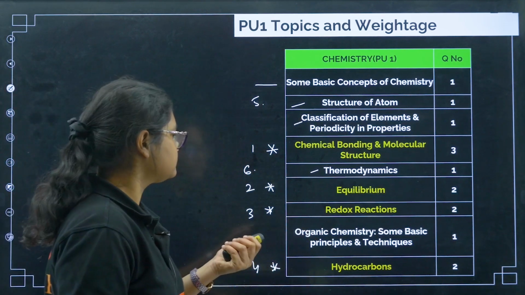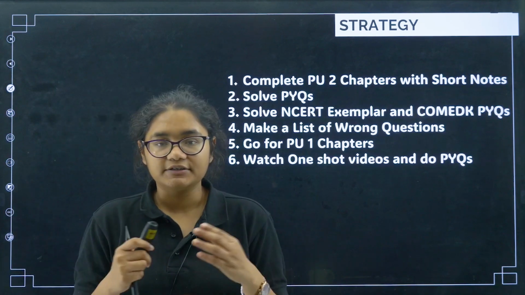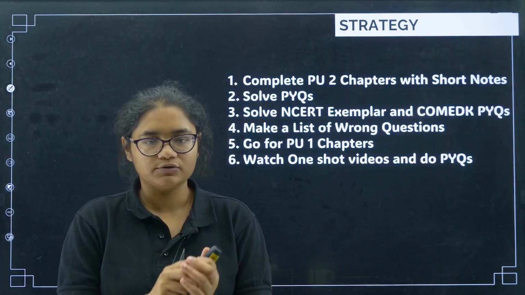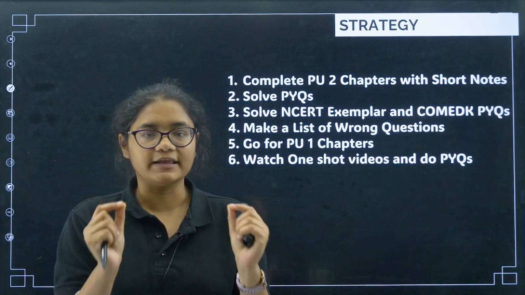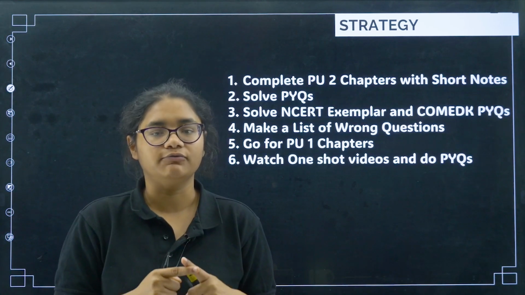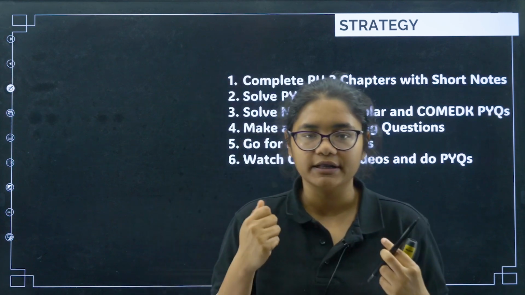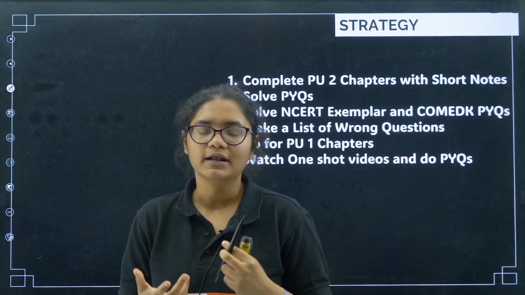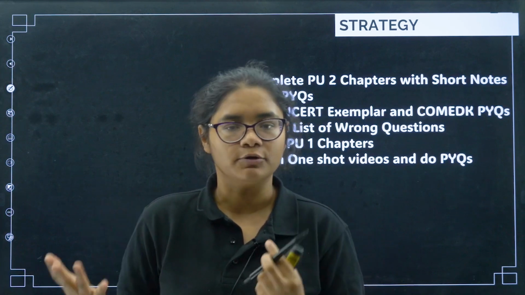Clear? Now moving forward, what should be your strategy for the next days? Here I have a very simple and easy thing: first focus on your PU2. You have already given your pre-boards and mid-term, right? So you know your preparation strategy and the level of your preparation.